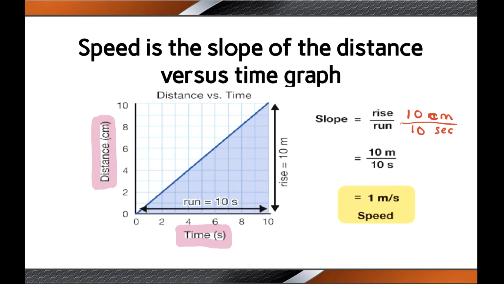Now, since this thing right here is a straight line, this is what we would consider to be a constant speed. All right? Straight lines are constant speed on a distance time graph. If you have a distance time graph where it's a horizontal line like this, that means that it's a constant speed. Constant speed is 0. You're not moving anywhere. But it's a constant speed.